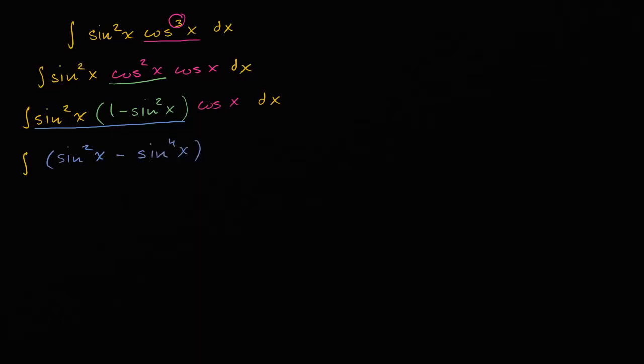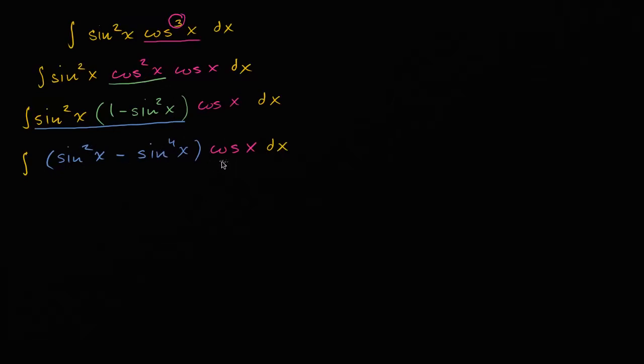And then all of that times cosine x dx. Now this is starting to look interesting because I have sine squared x minus sine to the fourth x, but I have the derivative of sine sitting out here. I have cosine x. That's the whole reason why we did this little algebraic manipulation.